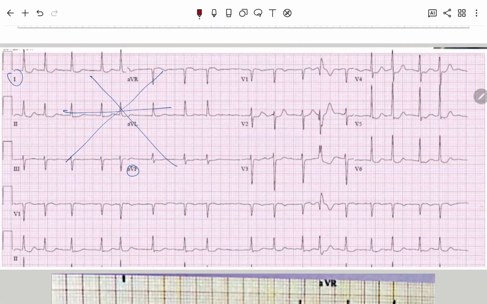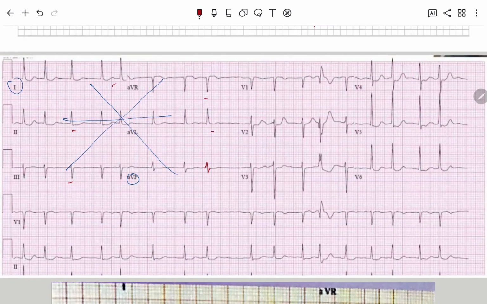In these leads, you can see lead 1 does not have equal R and S complexes, 2 does not have that, 3 definitely does not, and AVR does not. We can see AVF has the equiphasic complex, so we are considering AVF as the equiphasic lead.